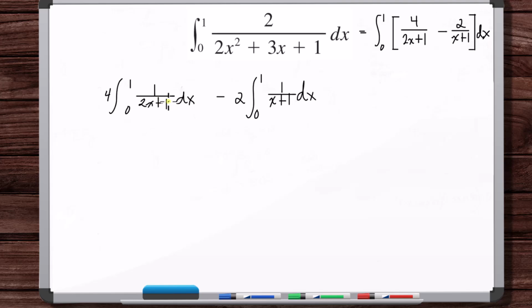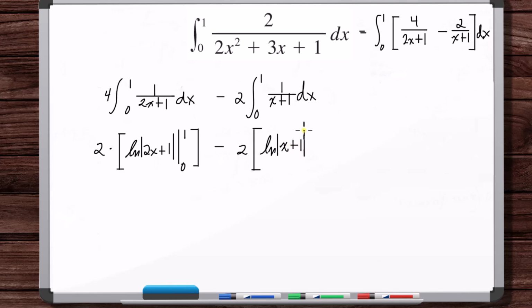So this is 1/2 natural log of absolute value of 2x plus 1. So 1/2 times 4 is 2. We can bring the 2 out, and we've got the natural log of the absolute value of 2x plus 1, and we want to evaluate this from 0 to 1. And then here, it's just the natural log of the absolute value of x plus 1. Evaluate this from 0 to 1.